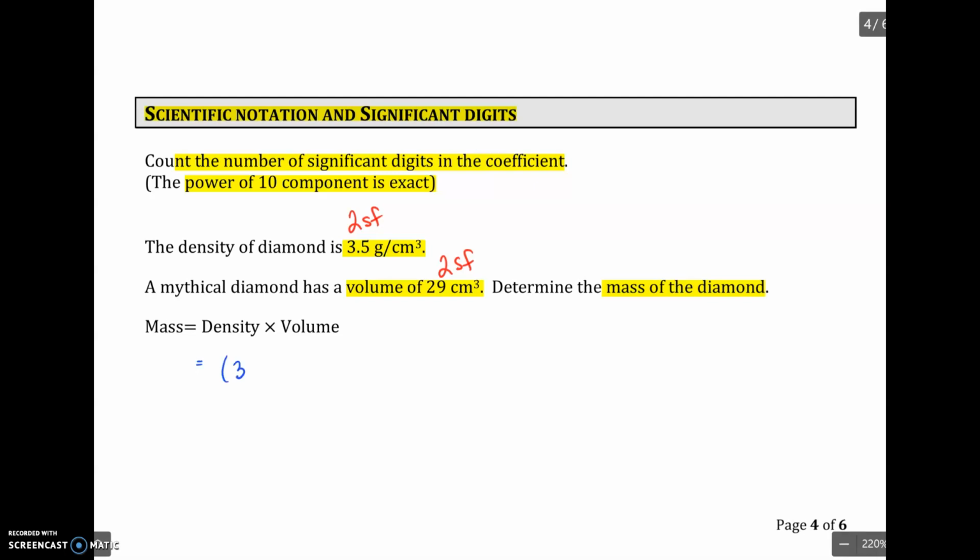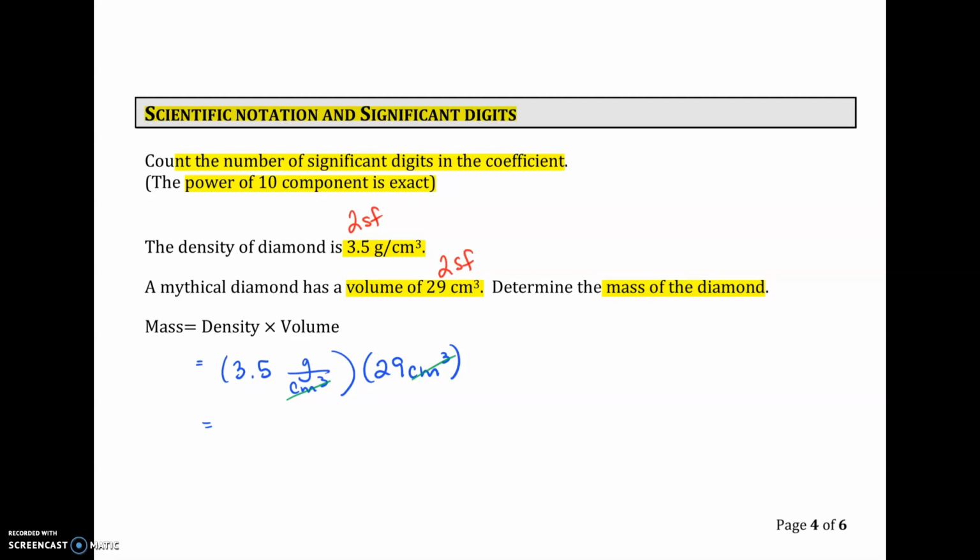Density is 3.5 grams per centimeter cubed times the volume, which is 29 centimeters cubed. And what's going to happen is your centimeter cubed, imagine this had been, I'll just write it out so that it's really clear, grams per centimeter cubed. Notice what happens with this centimeter cubed on the bottom with this one on top, and that's why your mass unit comes out to grams.